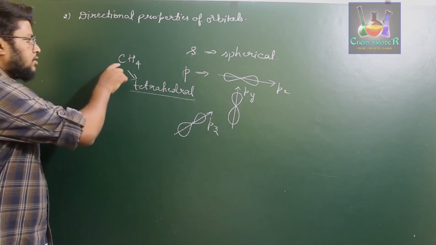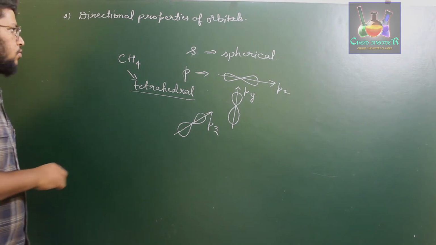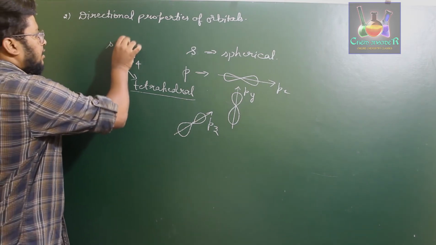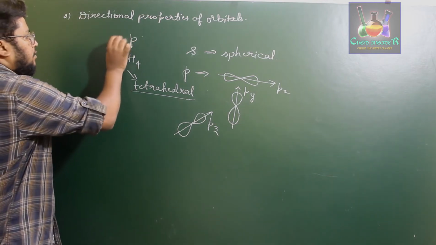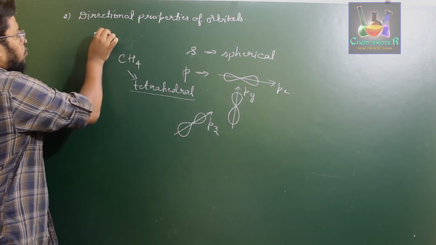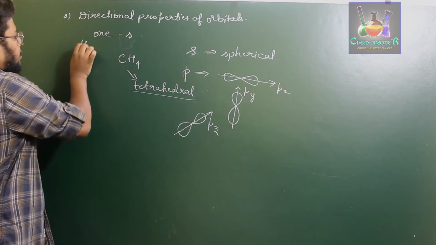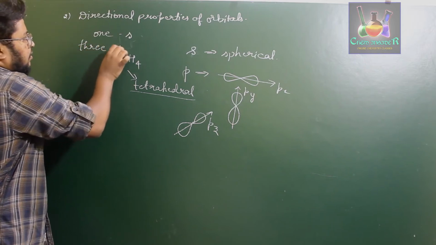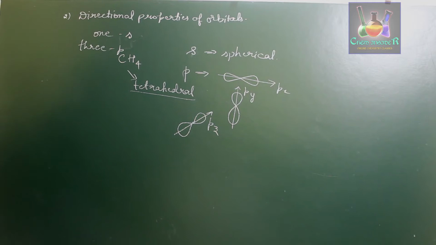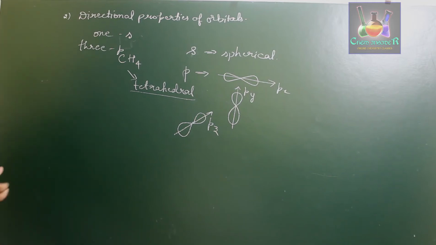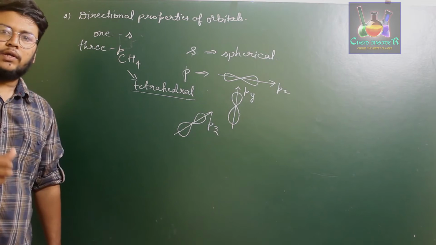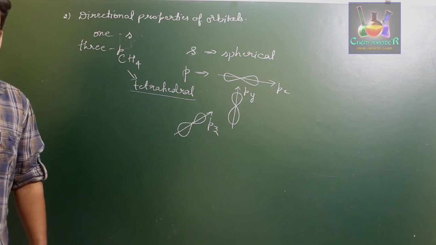The carbon present in the CH4 molecule has one s orbital and 3 p orbitals, which have certain directions involved in them, and those directions are responsible for forming a tetrahedral molecule in the case of CH4. So the directional property of the orbital was very important in order to know the shape of the molecule.